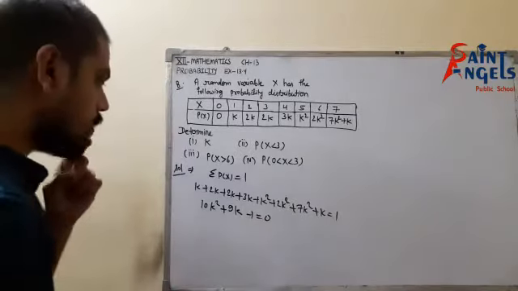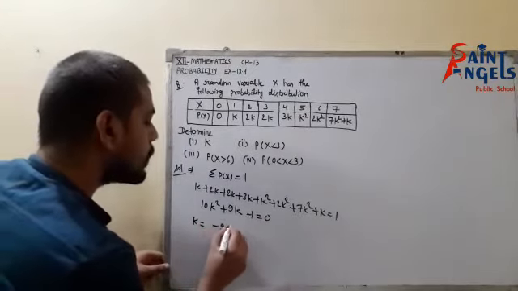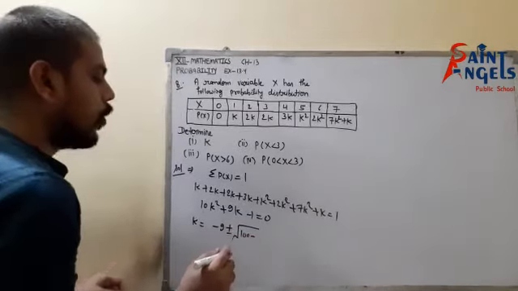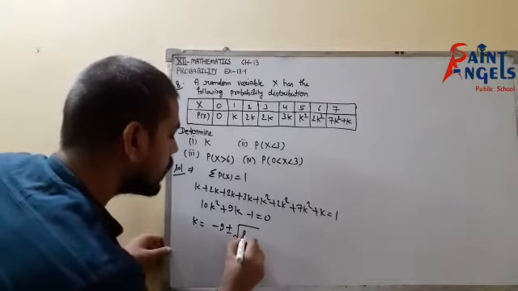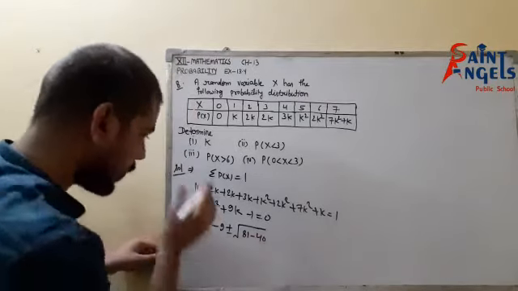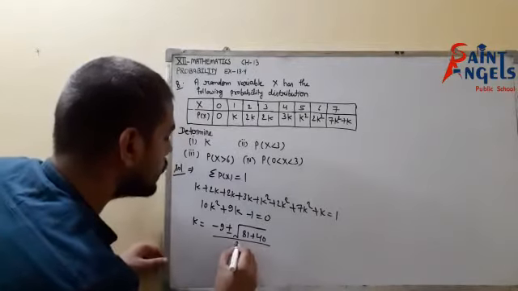We can easily find the value of k through the algebraic formula. So k would be minus b plus minus the square root of b square minus 4ac, upon 2a. That would be 40 under the root, upon 20.